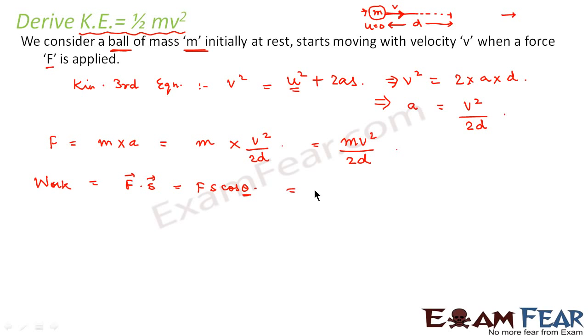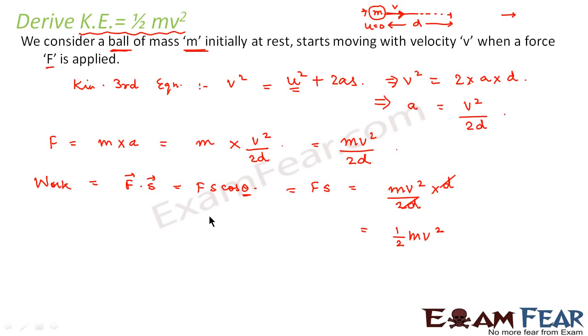So theta is 0, and cos 0 is 1. So this will be F into S. F is mv square divided by 2d, and S is the displacement d. So this d cancels, and we get half mv square.